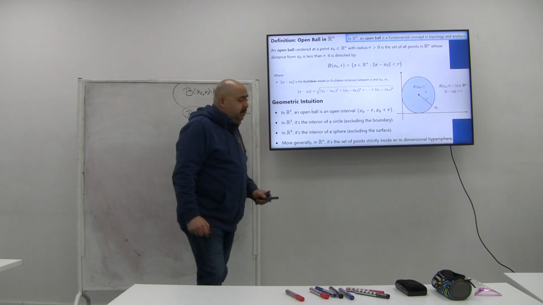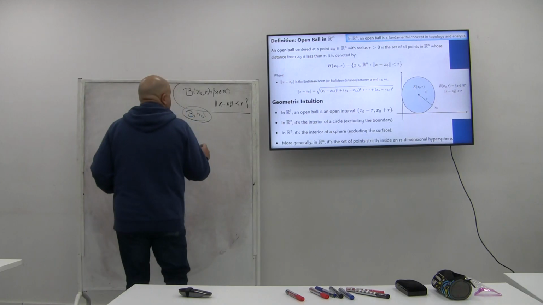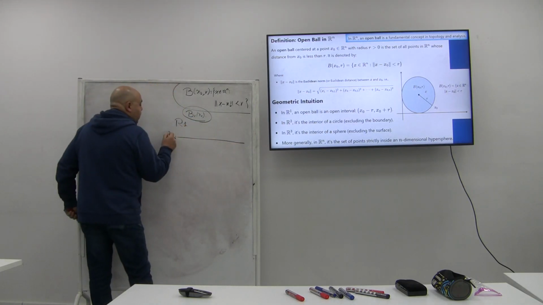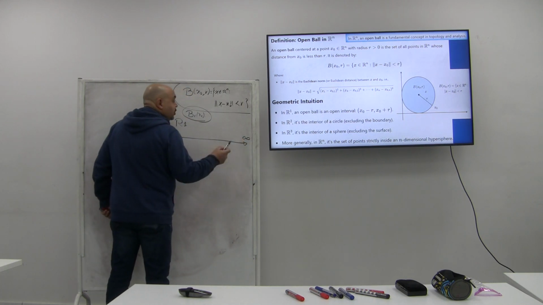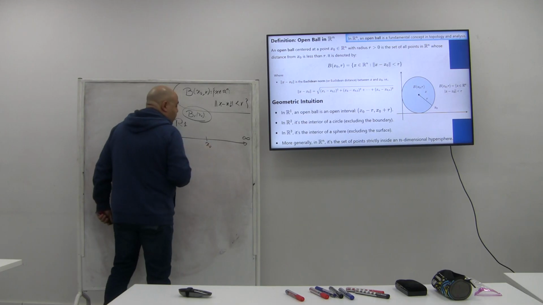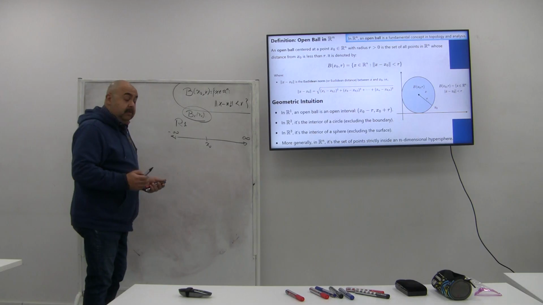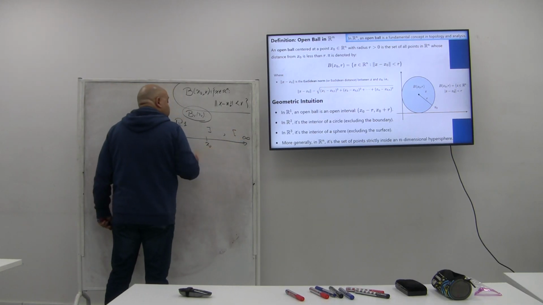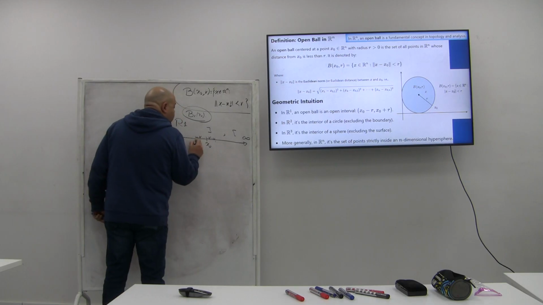Remark, in geometric intuition, for a real number, or for R1, here is the x-axis, negative infinity, and that's positive infinity. So for a value like x node, by the open ball we mean the open interval, which is centered at x node, and it has an r to the right and an r to the left, so it's becoming the boundaries.